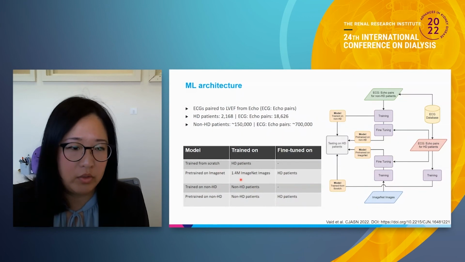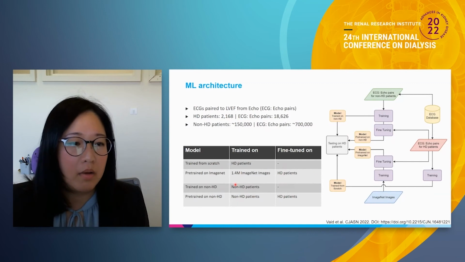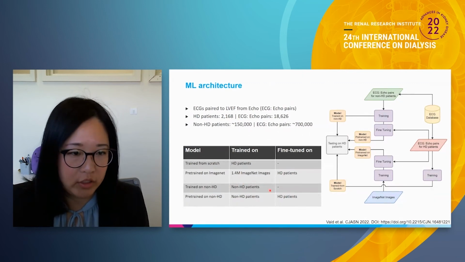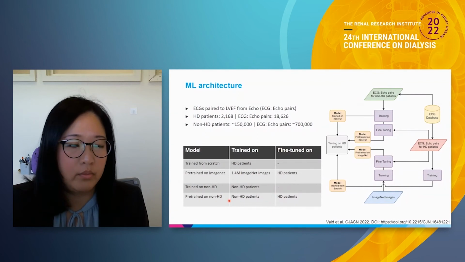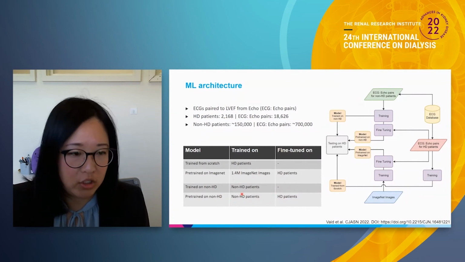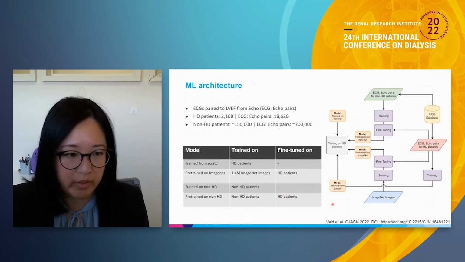Pre-trained on ImageNet, which is an online large visual database, and then we fine-tuned on hemodialysis patients and tested on hemodialysis patients. A model that was trained in non-HD patients and then tested in HD patients. And finally, a model that we trained on non-HD patients, did fine-tuning on HD patients, and then tested on HD patients.